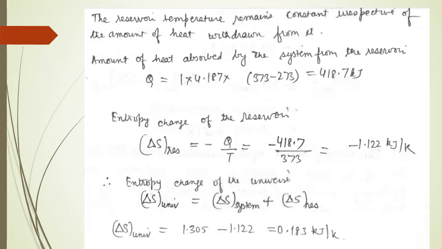So minus 418.7 upon 373, which is the absolute temperature, and the entropy change of the reservoir comes out to be minus 1.122 kilojoule per Kelvin. So the entropy change of the universe, which is the summation of the entropy change of the system and the entropy change of the reservoir, comes out to be 0.183 kilojoule per Kelvin.